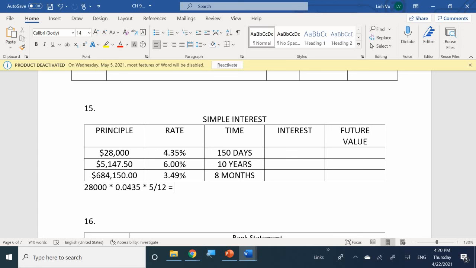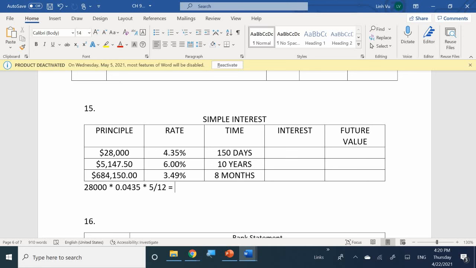Okay. So if we take 28,000 times the percentage rate of 0.435, you should get a total of 1,218. Oh, actually, wait, I did that wrong. 28 times 0.435 should give you 12.18.